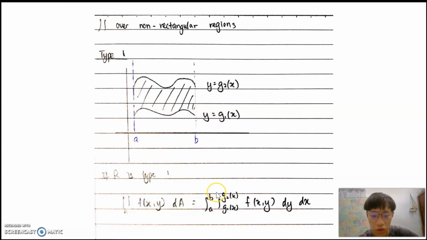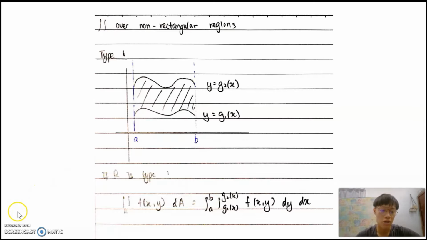So g1 of x would be our lower boundary, and y equals g2 of x would be our upper boundary. Now we go to A and B. It's very important that any function is always on the inside of the integral, and your constants are always on the outside, which means A and B are on the outside.